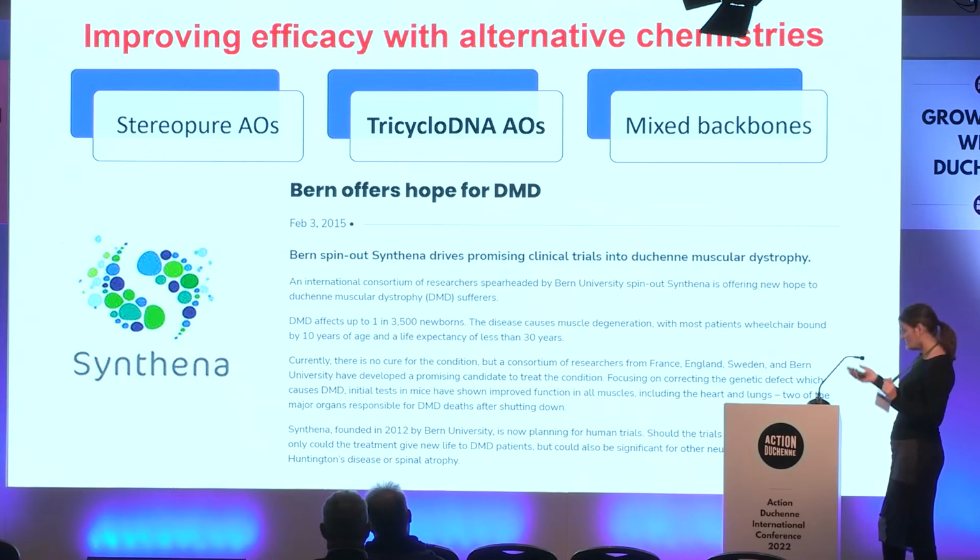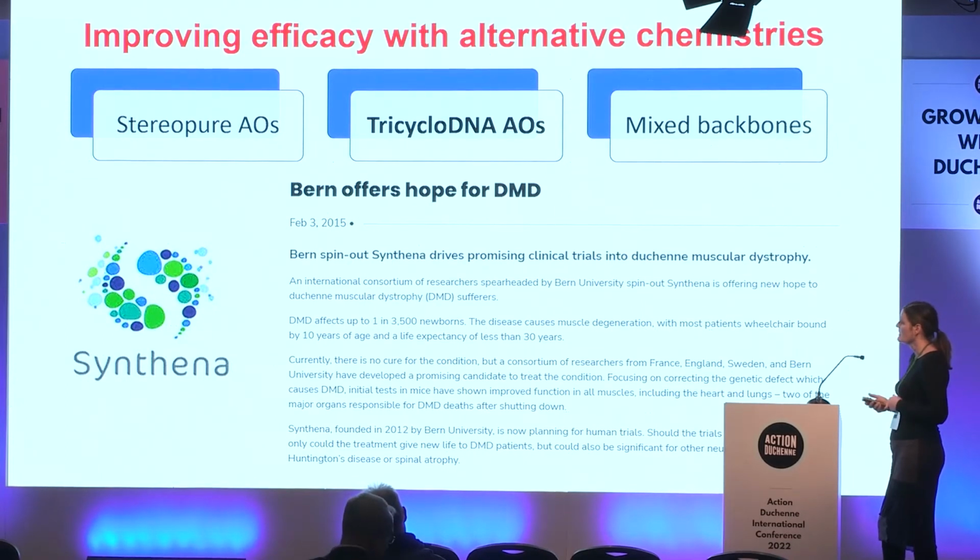And in 2015, I have to say this was 2015, they announced they were possibly going into clinical trials. Again, I haven't been able to find any update on that. So I think they're still developing it, but I think tricyclo could be really important. And as a big consortium they have a lot of investment, European money, to look at the brain delivery for Duchenne.